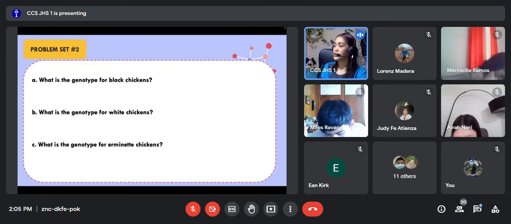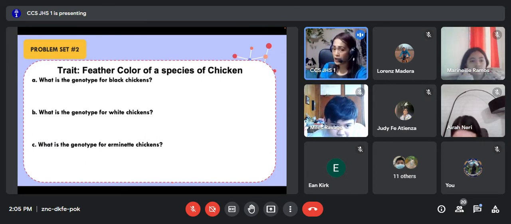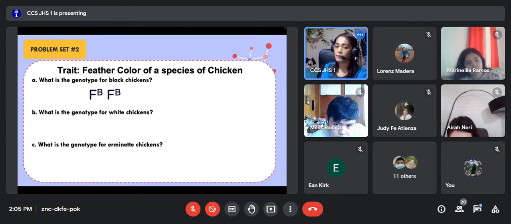Let's check if you understood the correct coding. I'll do the first one. The trait is about the feather color, so F will be our base. It's all about the base. Then our options are either black or white. If you have a homozygous black chicken, FB FB. Their combinations look repetitive, but they mean specific things based on the given problem.